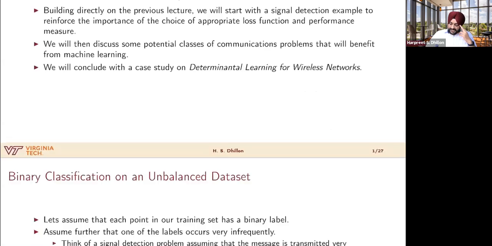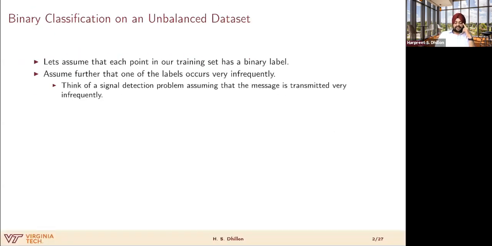So let's first begin with this simple binary classification example, which has connections to signal detection as well. In order to convey those two ideas that I mentioned, I will be assuming that your data set is unbalanced. What do I mean by that? We are going to assume that you have a data set in which each point has a binary label.